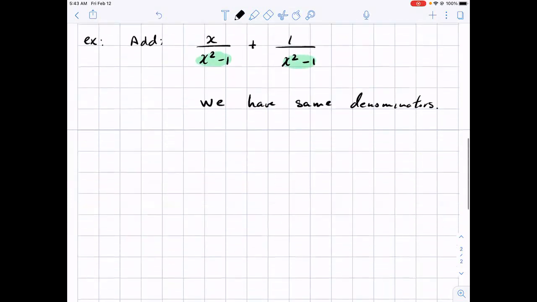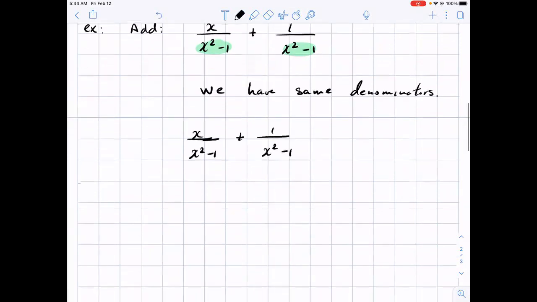If the denominators are the same, what we do, we keep the denominator. So we have x over x squared minus 1 plus 1 over x squared minus 1. So we'll keep the denominator, which will be x squared minus 1.